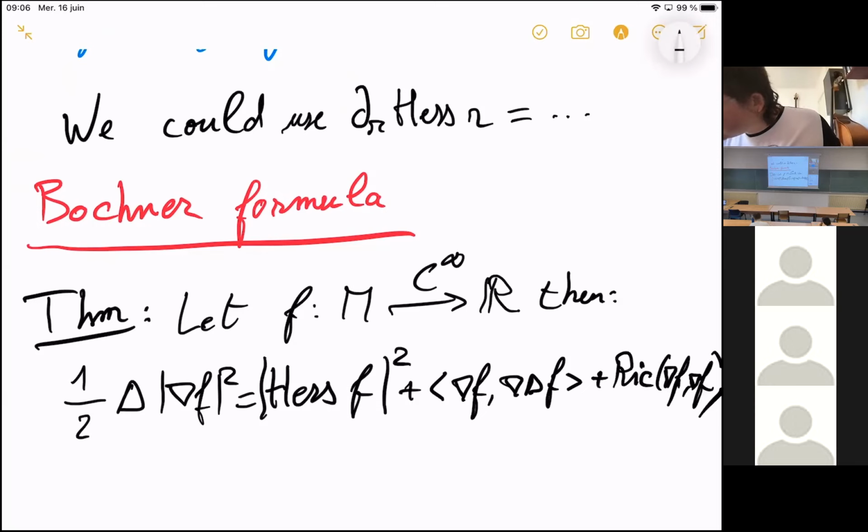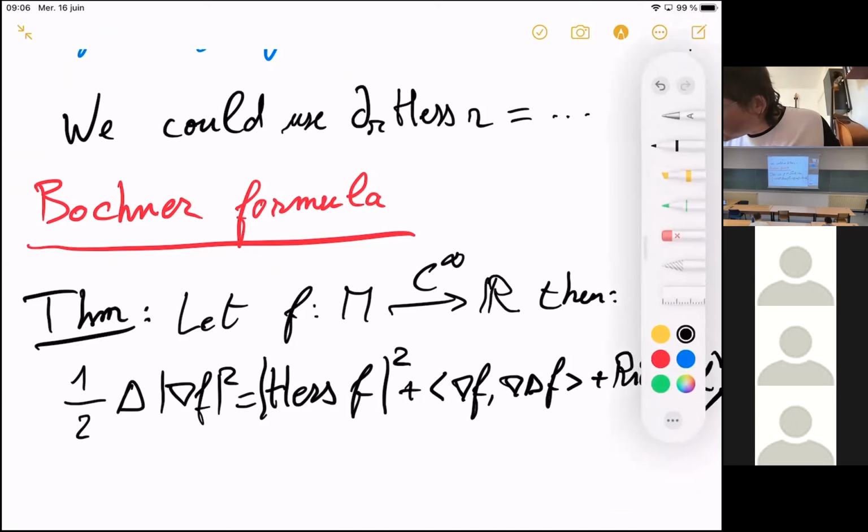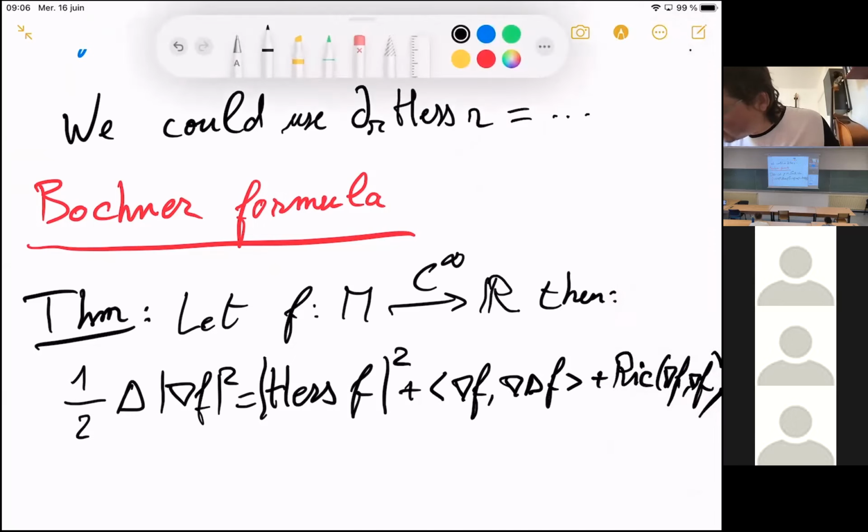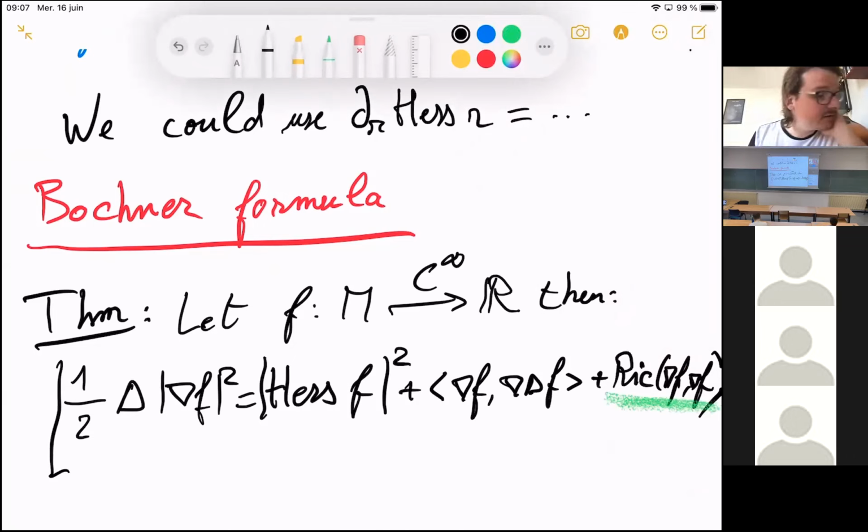So you get an extra term where the Ricci curvature appears here. The proof is just a computation. I won't do it. It's just commuting covariant derivatives to make the curvature appear and identifying all the terms that appear.